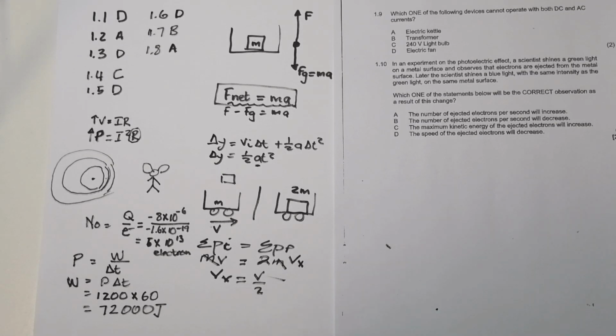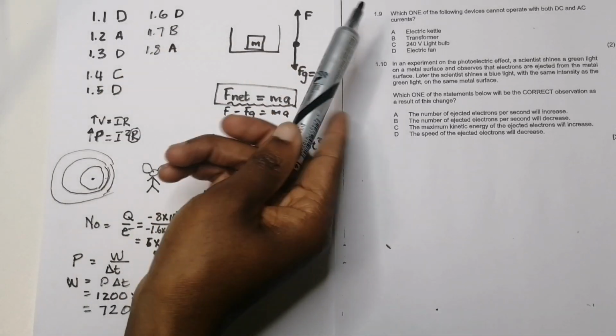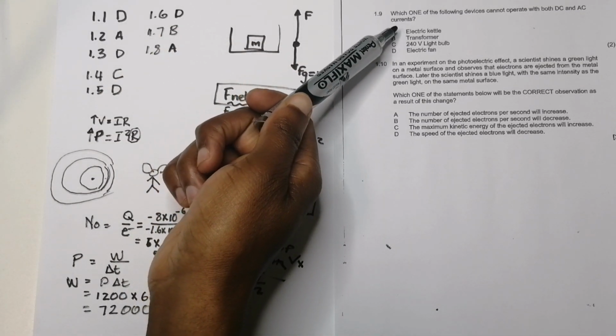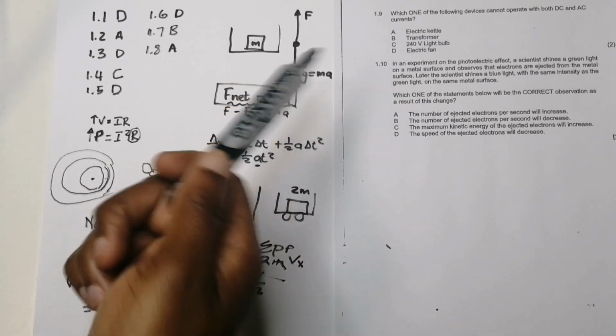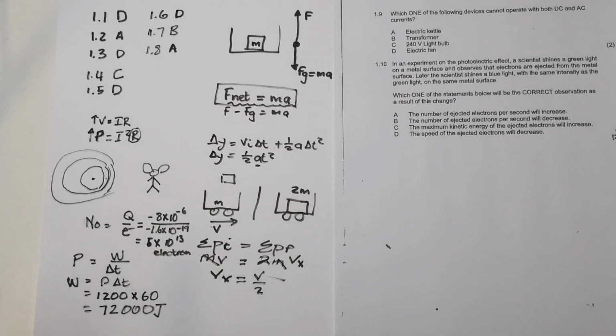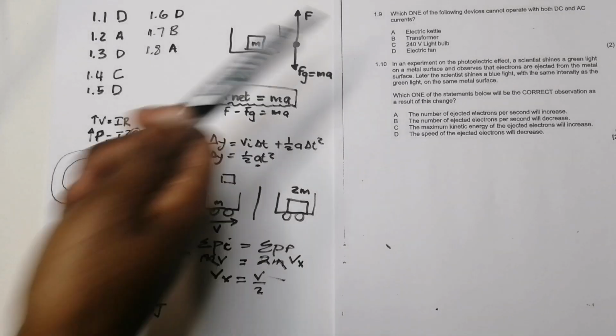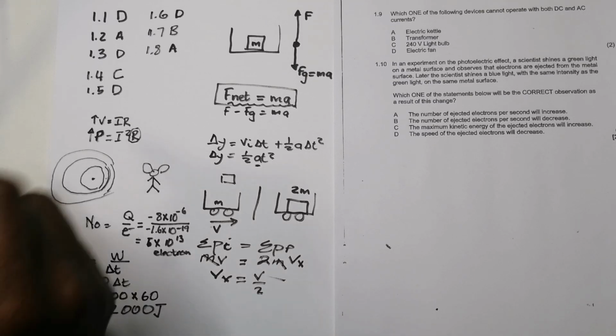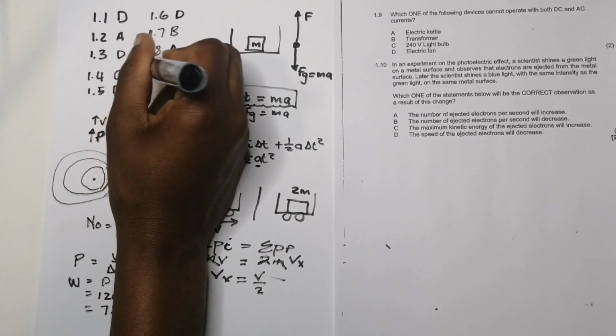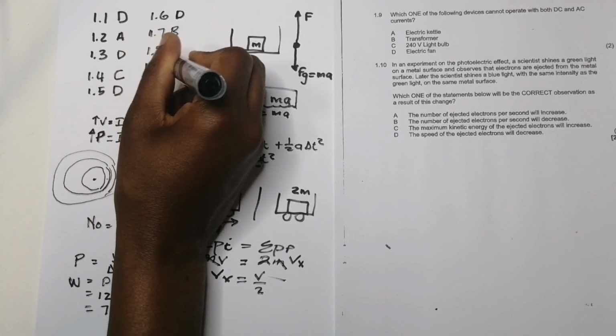The answer to that is quite simple. If you look at all of the other devices, an electric kettle, a light bulb, and an electric fan, all of those are just devices that you can use. But if you think about a transformer, remember that a transformer can only work with AC and not DC. So in this case, our correct answer is B.